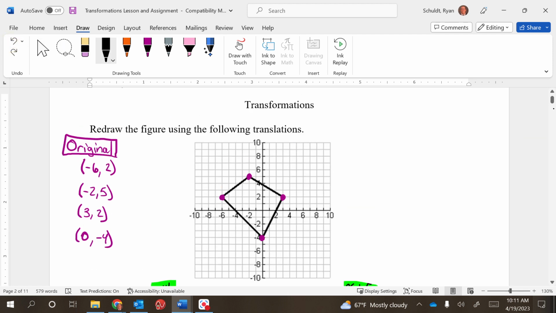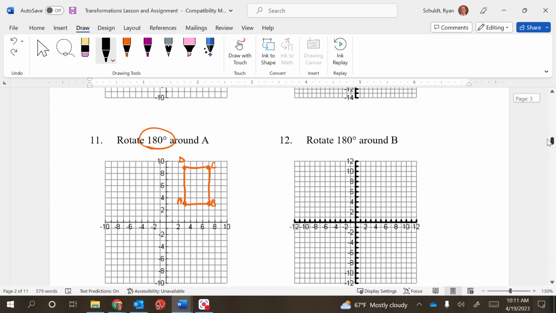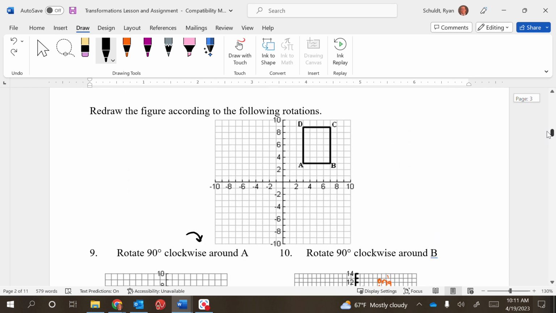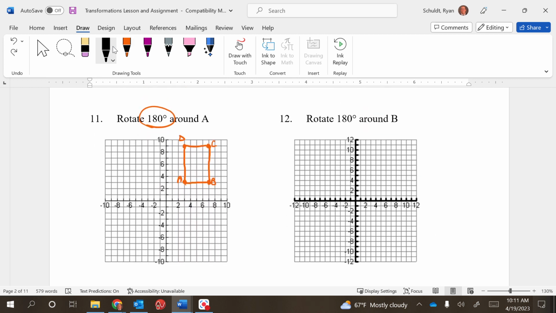Undo. No, don't go all the way to the top. Okay. So this B now has to go 4 in the other direction. This is going to be my new B. So this is A prime. This is B prime.